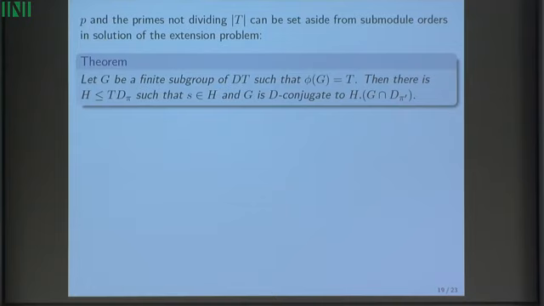So what this initial theorem says, valid for any p, is that we can get down to this hub group in T D_pi. We can split off the pi part of the diagonal subgroup of our monomial group.